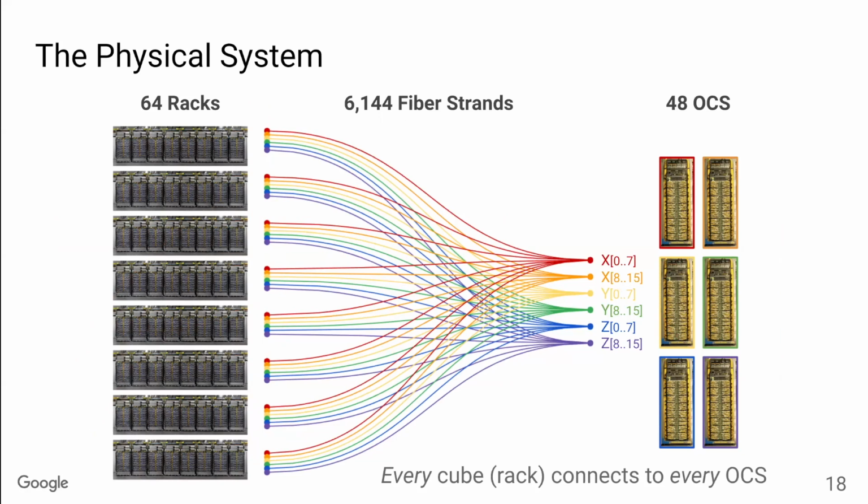So if the user wants an 8x8x4 or a 4x4x12, and yes, sometimes there's a reason for a 4x4x12, that can be constructed out of the optical circuit switch. And as soon as you instantiate your training job within the data center software, it will do that configuration for you and then launch the job.